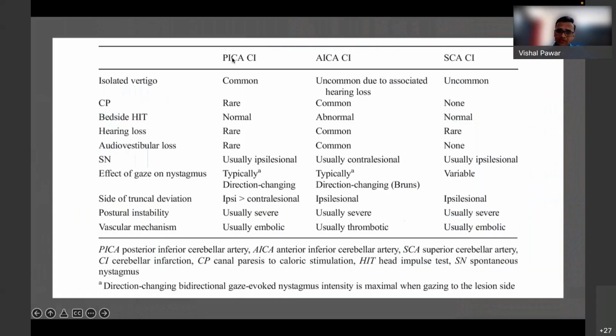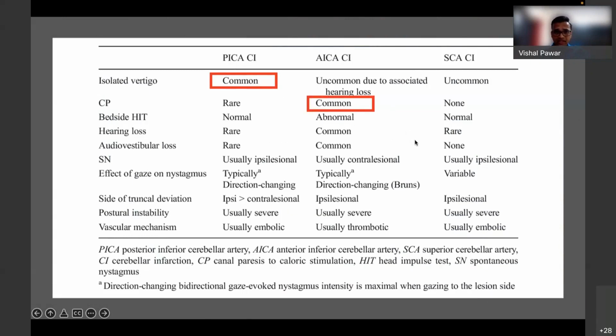And if we want to differentiate between different territories, posterior inferior cerebellar artery, anterior inferior cerebellar artery, or superior cerebellar artery, there are certain parameters. For example, isolated vertigo can happen in posterior inferior cerebellar artery infarction. Canal paresis is common in anterior inferior cerebellar artery infarction because it can involve the vestibular and cochlear nerve nucleus.